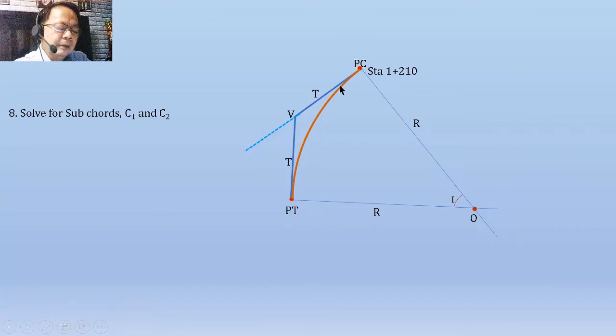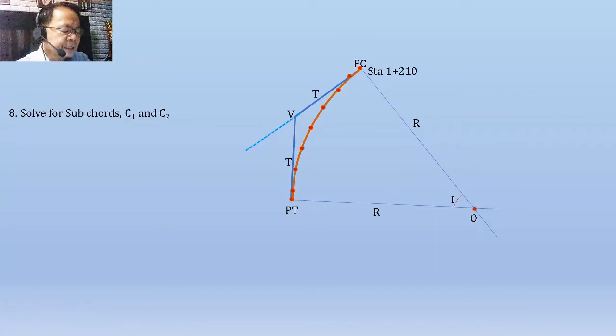From PC to PT, it is composed of different stationings. We can see the stations here: stationing 1, 2, 3, 4, 5, 6, 7, and the stationing PT. The stationing that we see inside the curvature are all full stations. They are all divisible by 20.